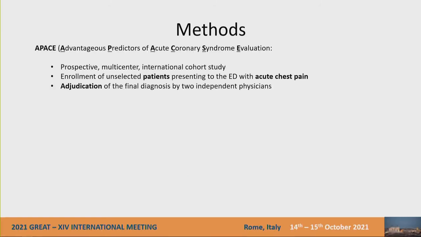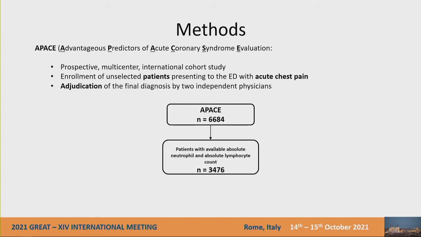So, what we did, we used the cohort of EPACE, which is a prospective multicenter international cohort study enrolling unselected patients presenting to the emergency department with acute chest pain, and the final diagnosis is adjudicated. The EPACE cohort has 6,684 patients, and those patients in which the neutrophil lymphocyte ratio could be counted were 3,476.